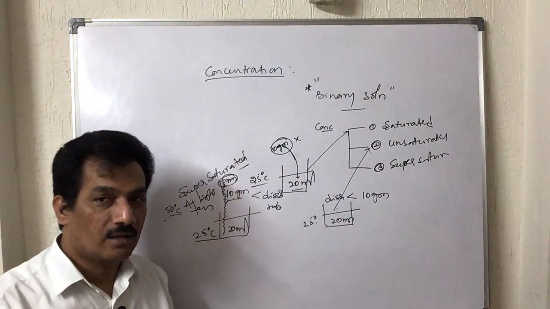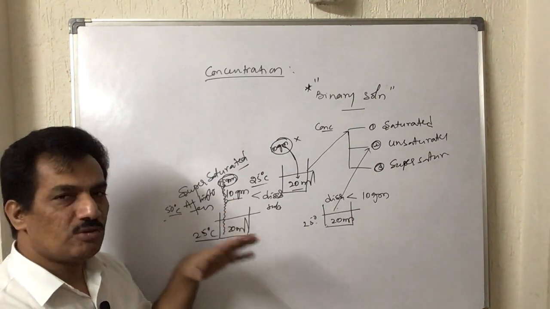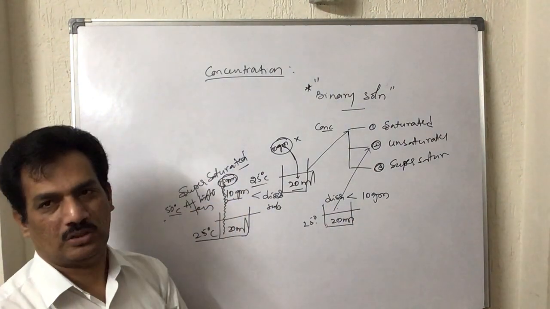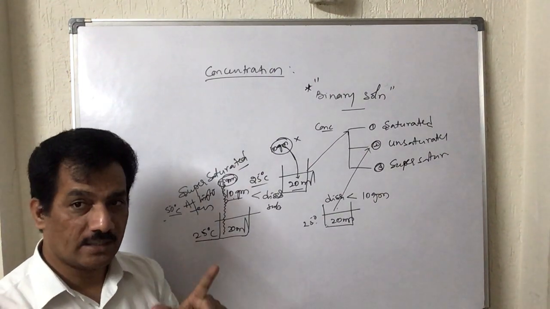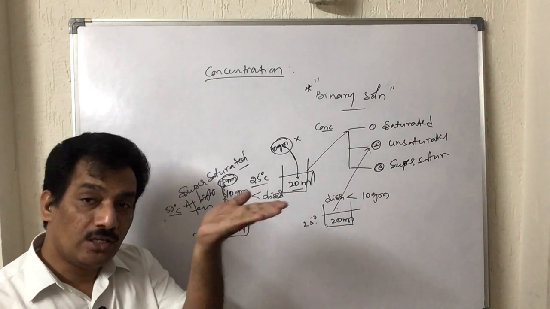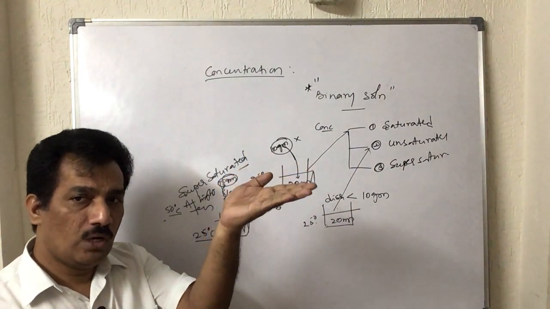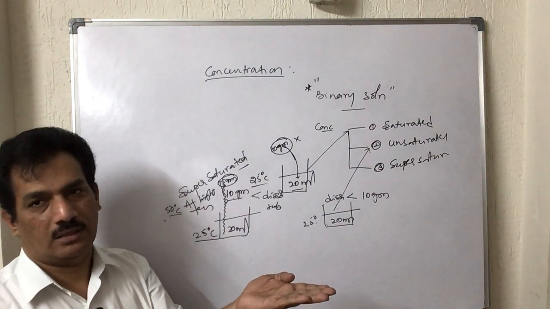Slow cooling, not sudden cooling. If sudden cooling happens, then 10 grams will be retained and the remaining 5 grams will come out, no doubt at all. But here I am not doing like that. After dissolving more than the maximum extent by heating the solution, I slowly bring it to room temperature, that is, 25 degrees centigrade.